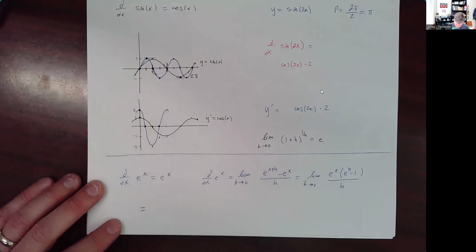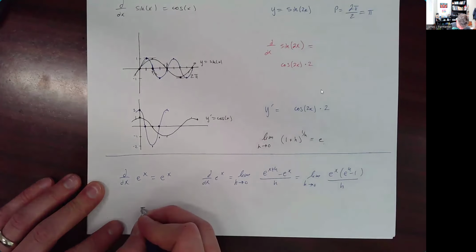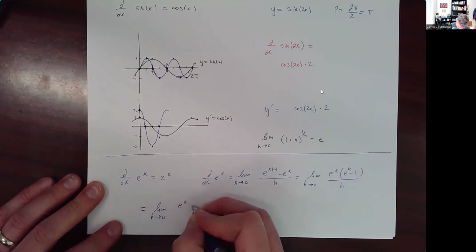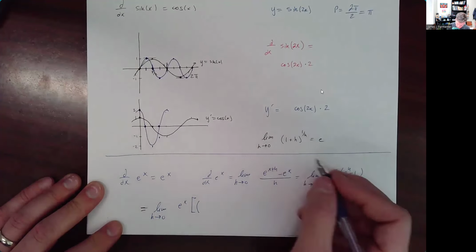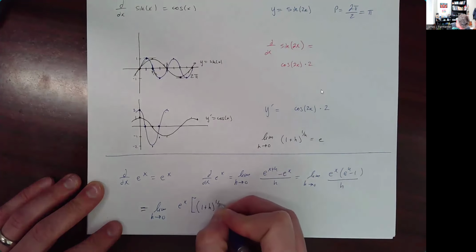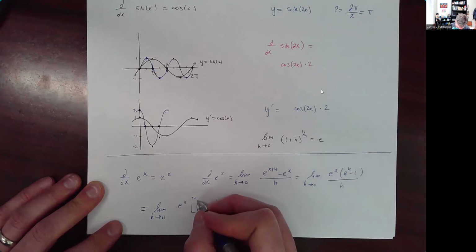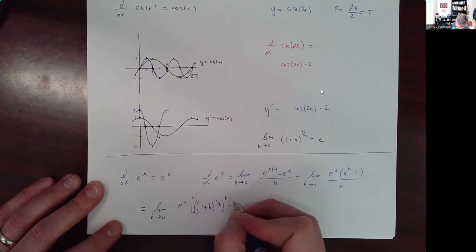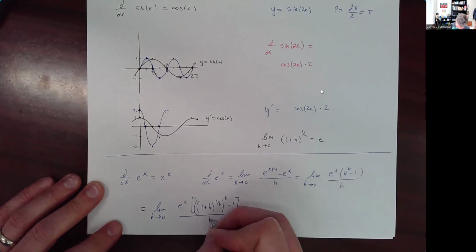And then we're going to say this is equal to the limit as h goes to 0 of e to the x times e to the h minus 1 over h, where e is going to get replaced by (1 plus h) to the 1 over h. But then it's e to the h, so that's going to be raised to the h power, minus 1. And now hopefully you can see what's going to happen.